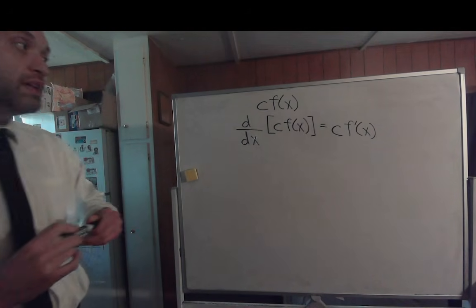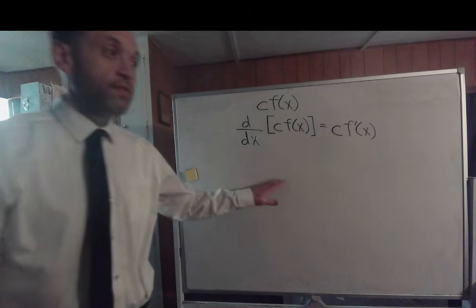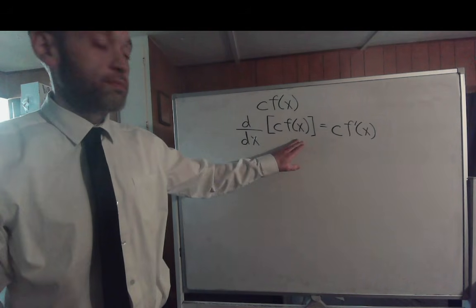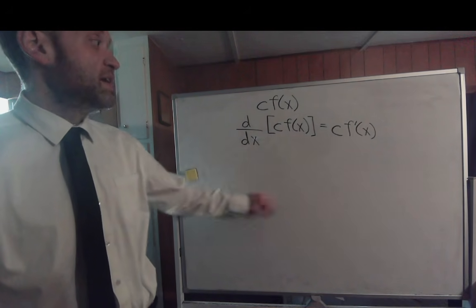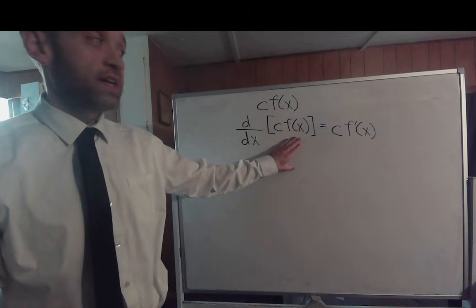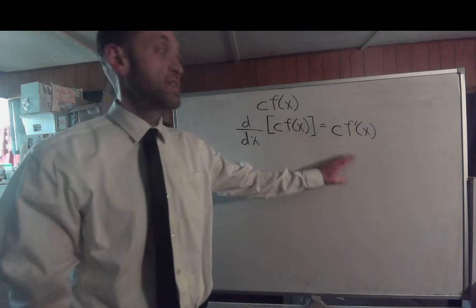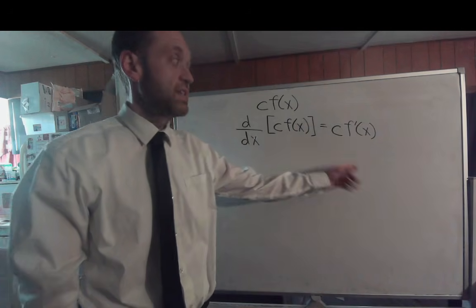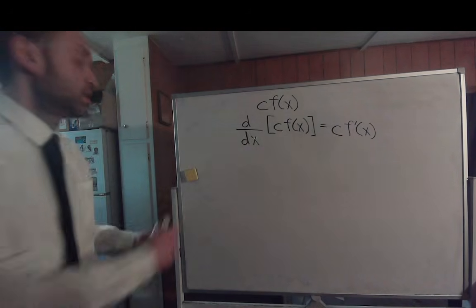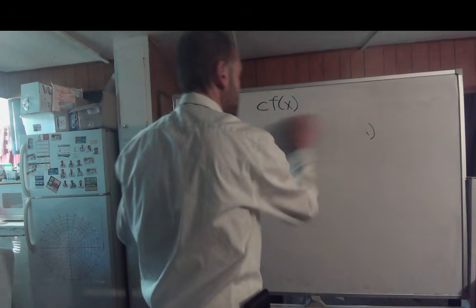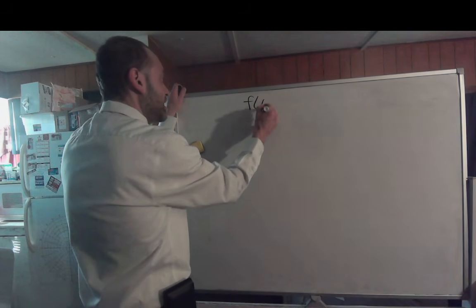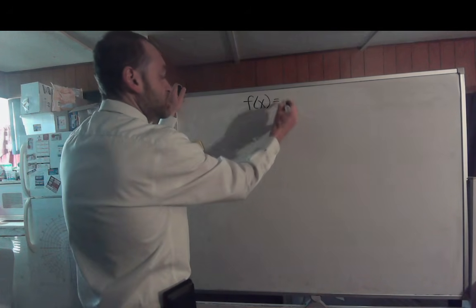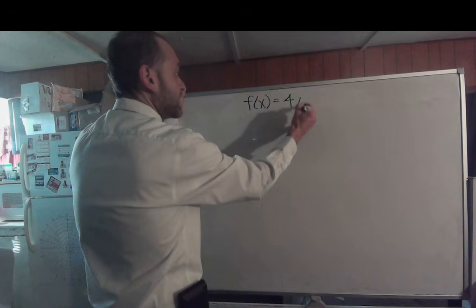Much like with a limit, if we're taking the derivative with respect to x of a constant times f of x, that's the same thing as the constant times f prime of x, or a constant times the derivative of the function. So I'll do a couple of easy ones here. Let's say I have f of x is going to be equal to 4x to the 3rd.